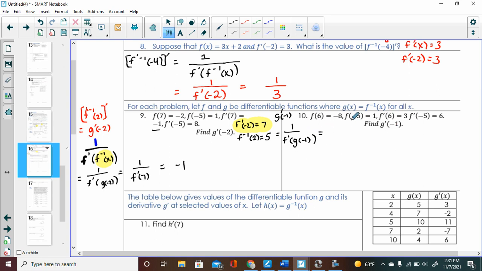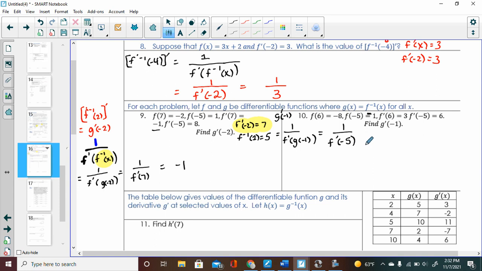So I want to know what's going on when the y value for f is -1. Is there anywhere where the y value for f is -1? I think this is supposed to be a -1 right here. So yeah, it is. So this is 1 over f prime of -5.